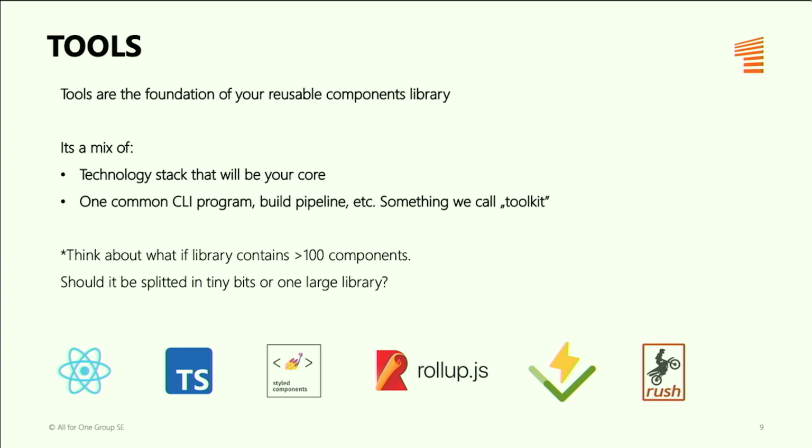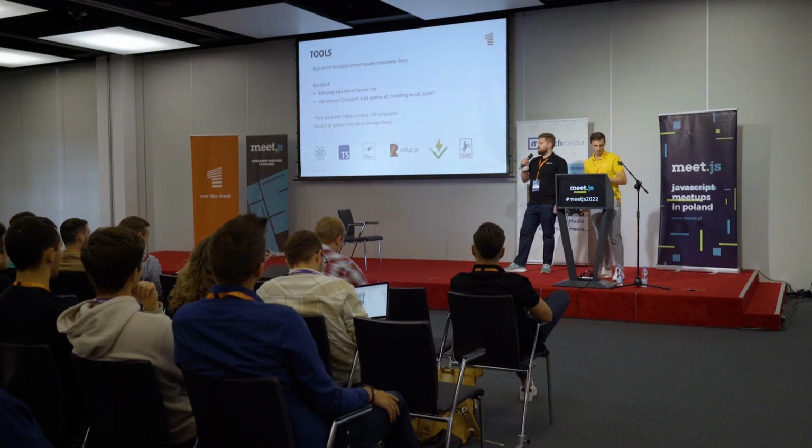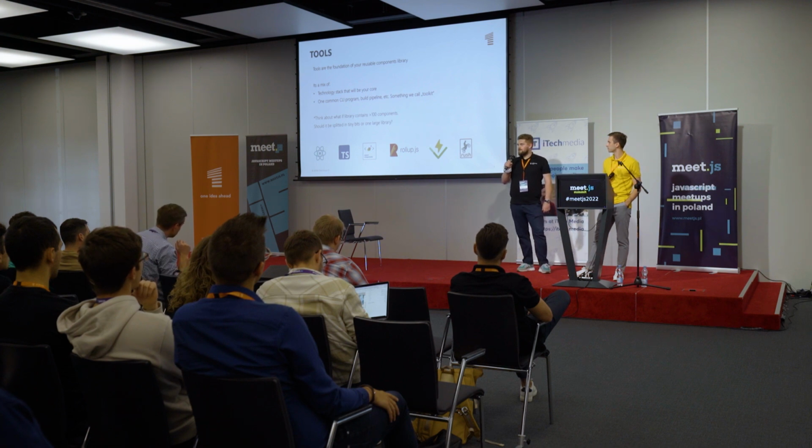Thanks to it, we gain the flexibility to adjust our build toolchain and add new features. For example, if you want to import SVGs as React components, it's not a problem. You just create a plugin for your build toolchain, and every package that you create can use it.